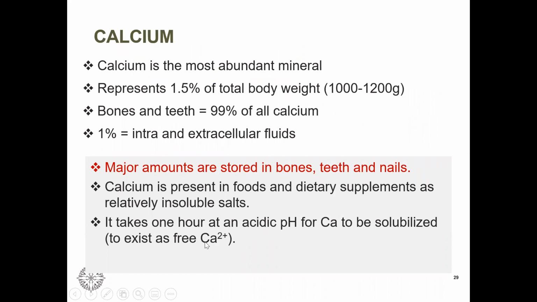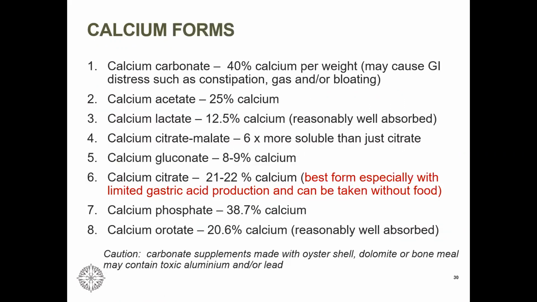So talking about calcium, the most abundant mineral, important for bones and teeth. It needs acidic pH so that it can be absorbed only as calcium 2+. So that's an important point to take away. Now, these are some of the calcium forms.